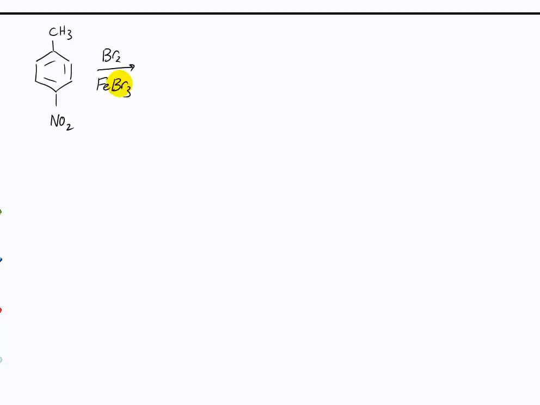And the positions meta to the nitro group are here and here. And the positions ortho to the methyl group are also here and here. So both groups are actually acting together to direct the bromine to the same place.